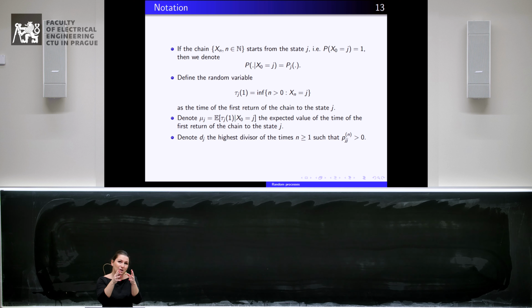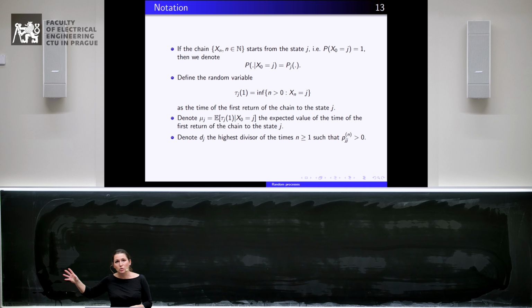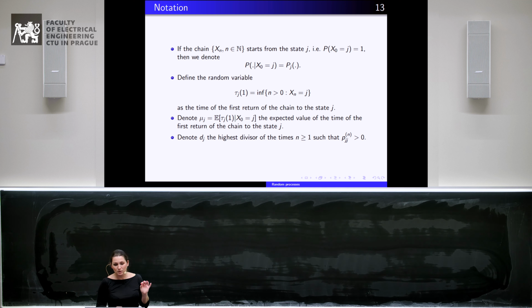The number 1 is useless for us because we will consider only the first return, but I put it in the brackets so the notation corresponds to the literature you can find on this topic. The important value is tau j, the time of the first return of the chain to the state j.